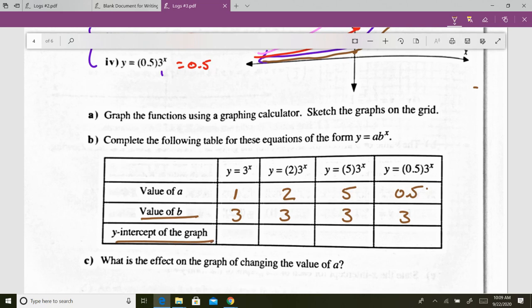Y-intercept, whatever the a value is. Okay, so in this case it'll be 1, 2, 5, and then 0. So it's a vertical stretch, right? Is that okay? All right.